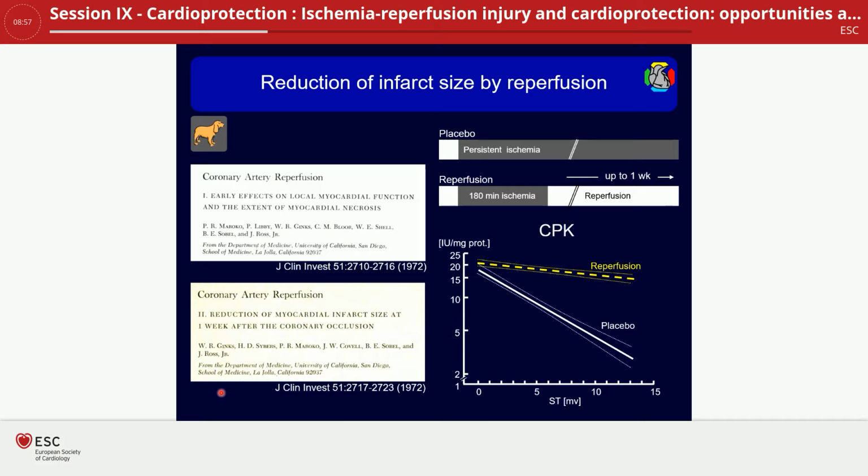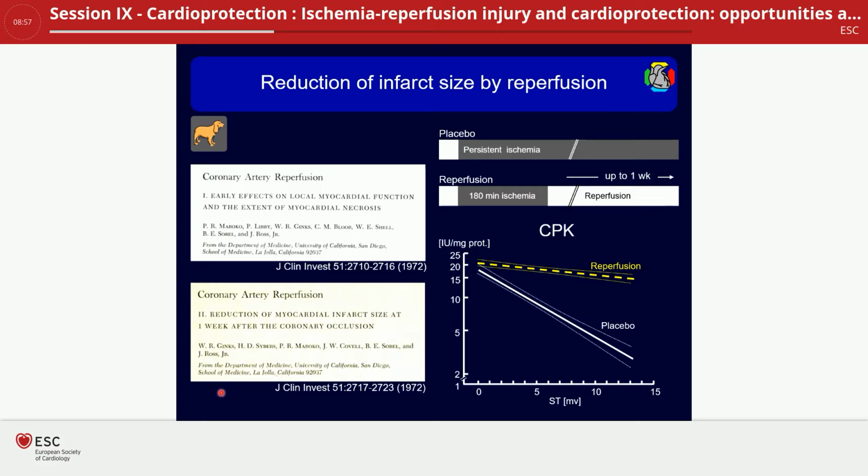This is a pioneering observation, and it dates back only to 72. Within 10 years afterwards, there were clinical trials, the GISSI trial, the ISIS trial, that have actually used thrombolysis with either streptokinase initially, then urokinase, then TPA, and nowadays, as you all know, in most instances, at least in the so-called Western countries, it would be an interventional reperfusion that is catheter-based.